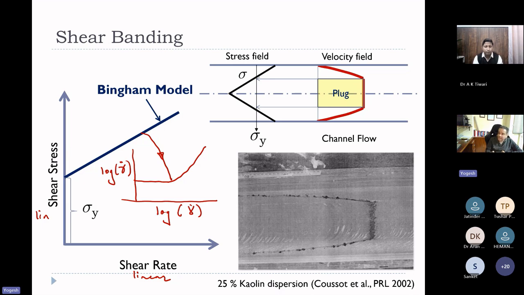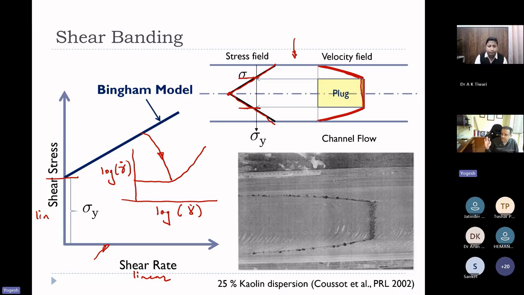So we know that when such kind of Bingham material is made to flow through a pressure flow, a pipe flow or a slit flow, then what typically happens is that since stress is zero at the midpoint and stress increases in both the directions, the region where stress is below the yield stress, material behaves like a plug. All right. And in this annular region, it flows. Okay. This is a textbook problem in our Bird Stewart Lightfoot book.